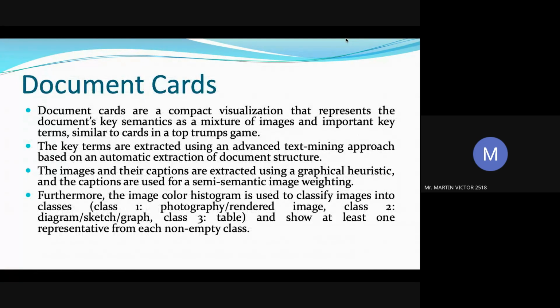And then finally, you have document cards, right? Document cards is something we can relate with literature fingerprinting in single document visualization. Document cards is used when we are having a large collection of documents. Now we can extract certain topics from the document cards.